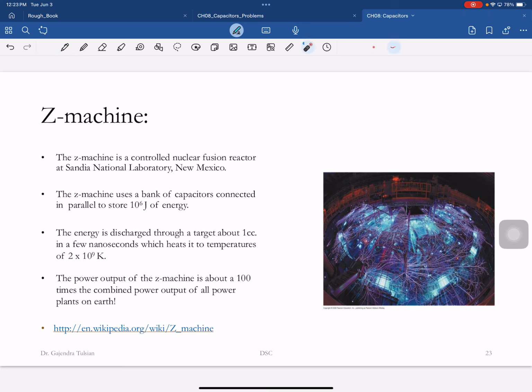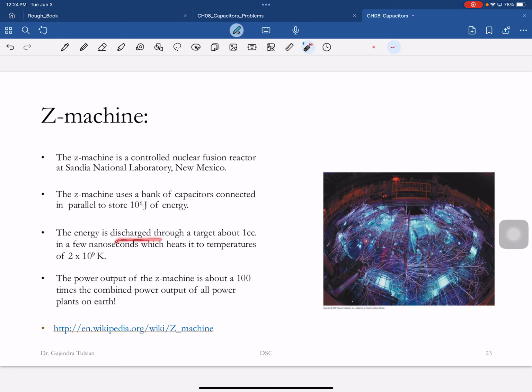All right, so the Z machine is a controlled nuclear fusion reactor at San Diego National Lab. It uses a bank of capacitors connected in parallel and stores 1,000,000 joules of energy. How much does your flash camera? 20, so 10 joules. So this is 100,000 times more.